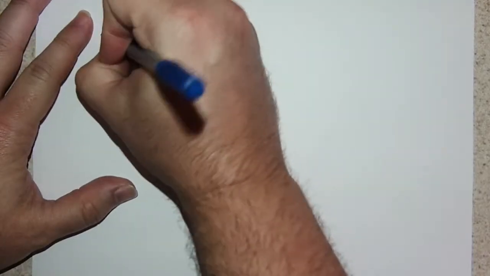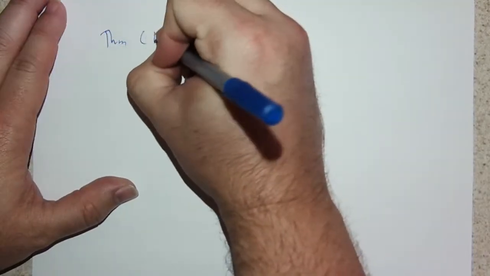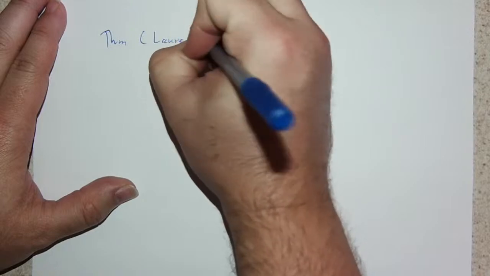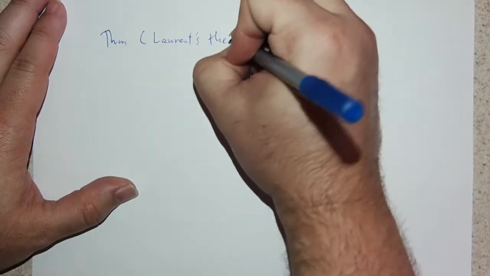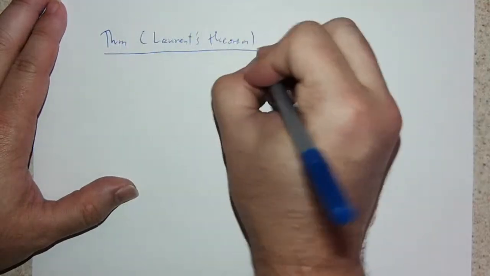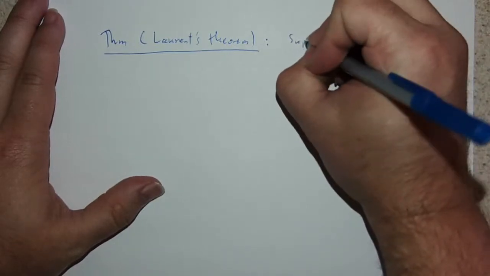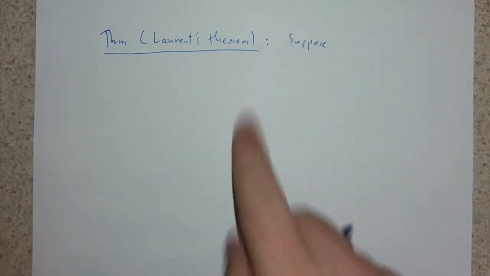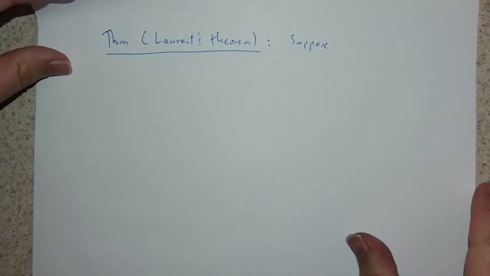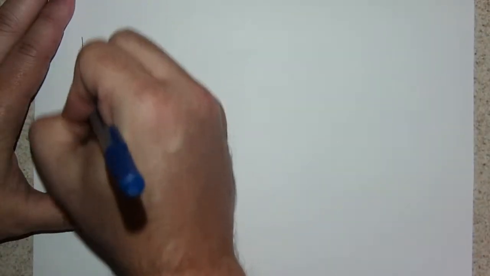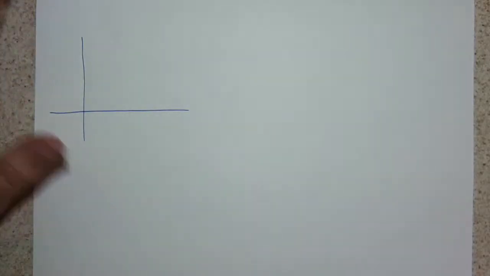So I have the following theorem. And this is called Laurent's theorem. Okay. Suppose, before I write more, I'm going to draw a picture of the thing that's going on here, right?